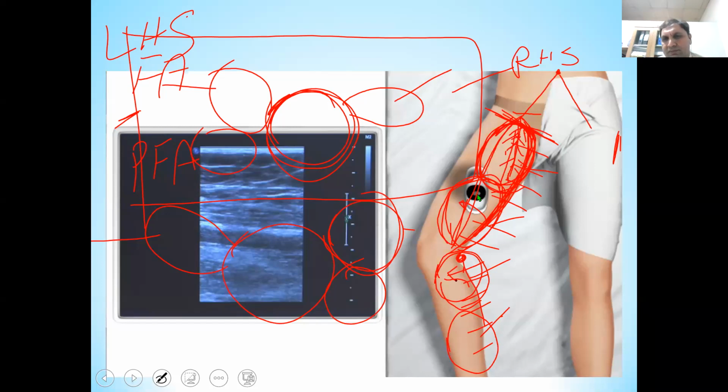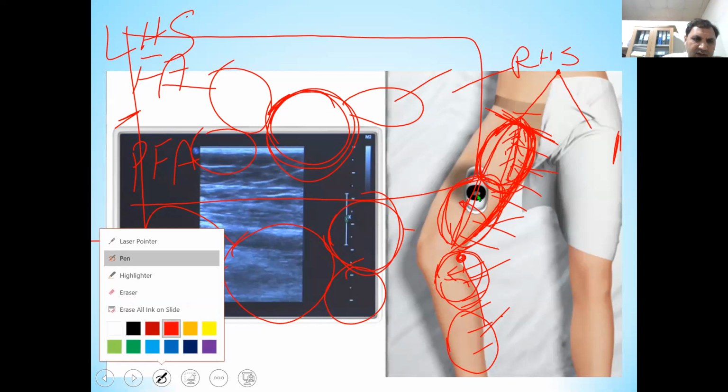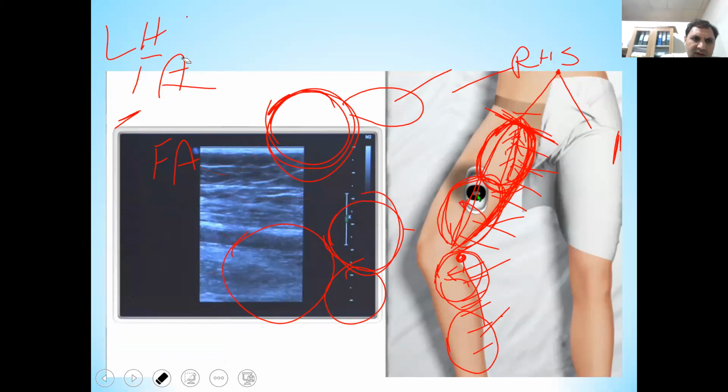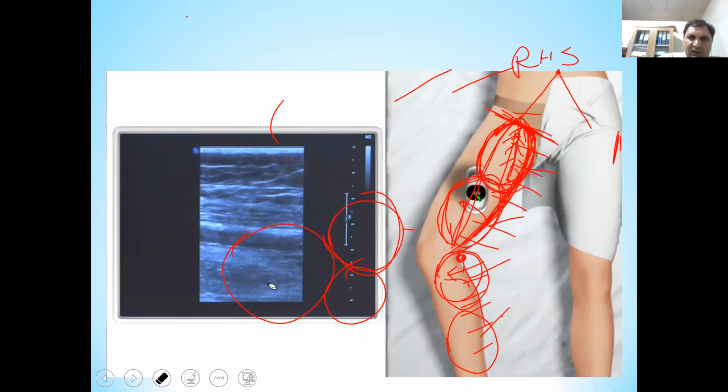So, by any means, if these veins are dilated too much, for example, I'm going to draw a schematic diagram for chronic venous insufficiency.